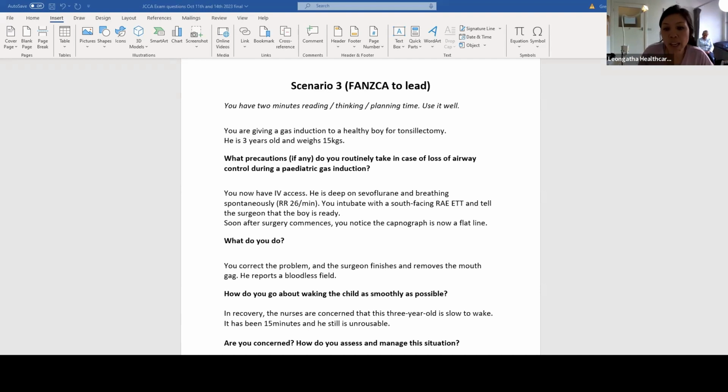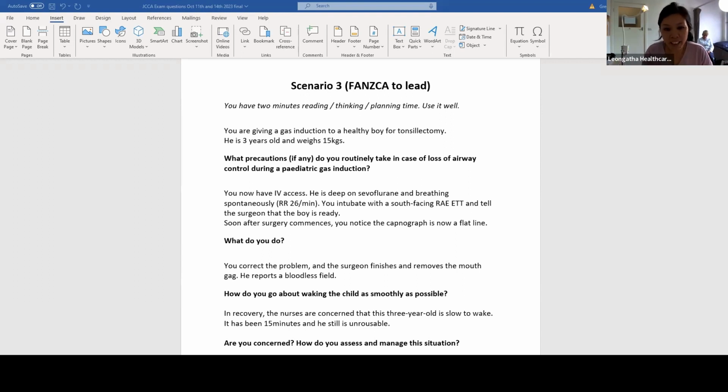Secondly, I would put EMLA on the kid and consider if it's possible to get IV access first using distraction techniques and rapport, even if I was to do a pediatric gas induction.